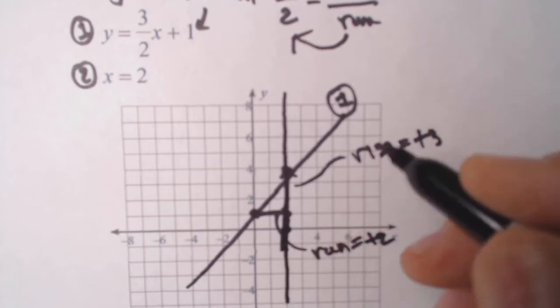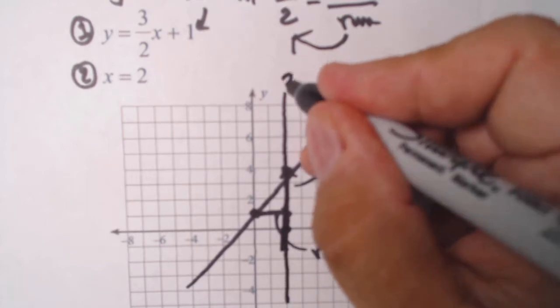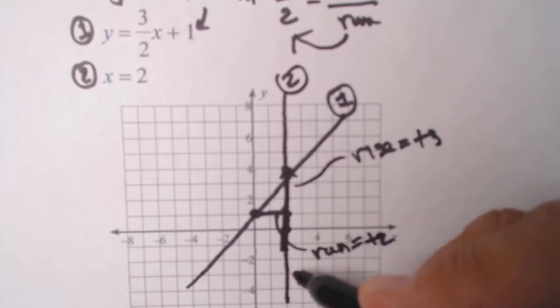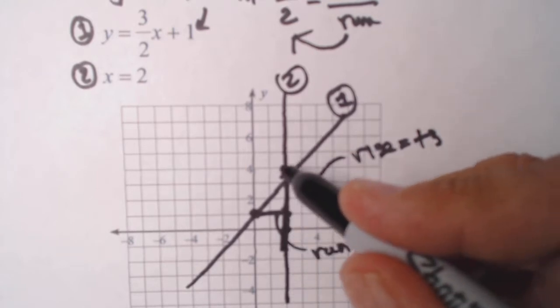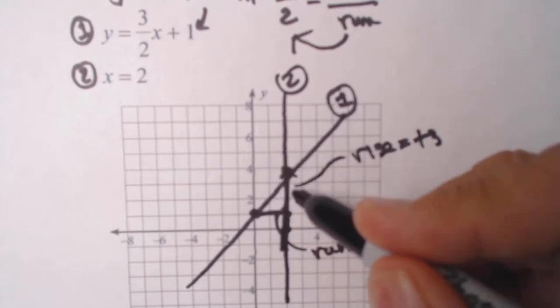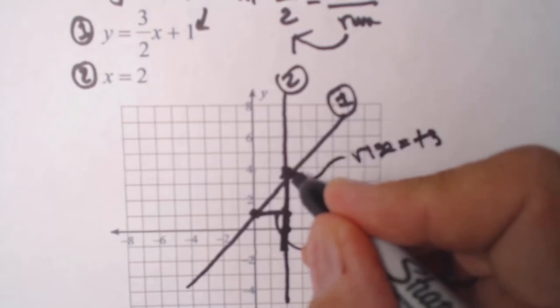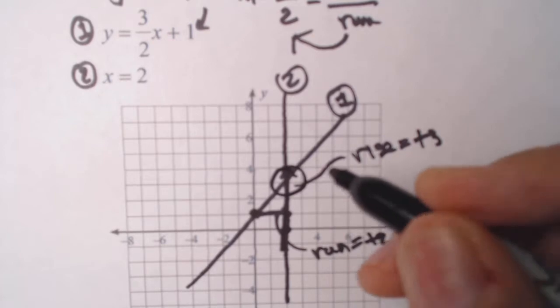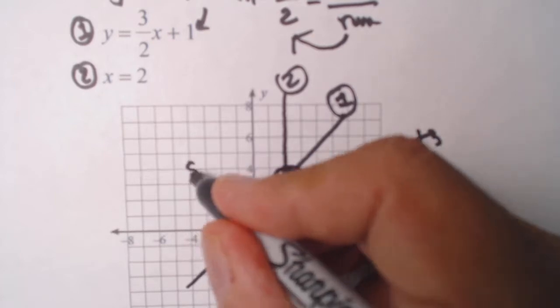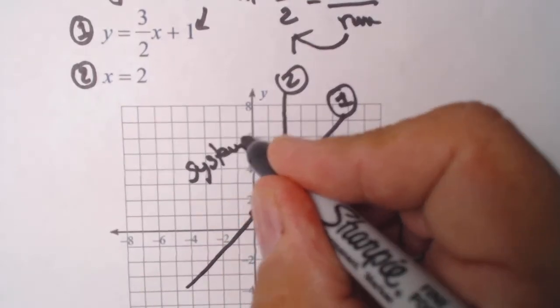Here it is. This would be line number 2. Double check this: is it true that every point on this line has x equals +2? Yeah, so it's correct. Here's where they cross right here, and this is, again, our system solution.